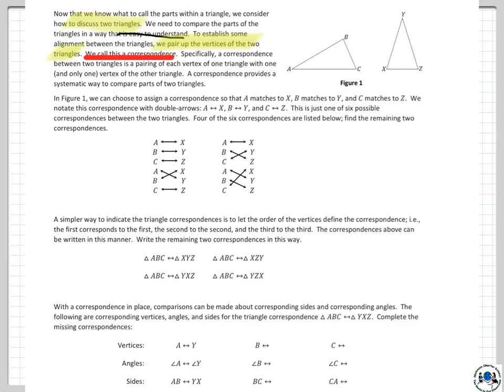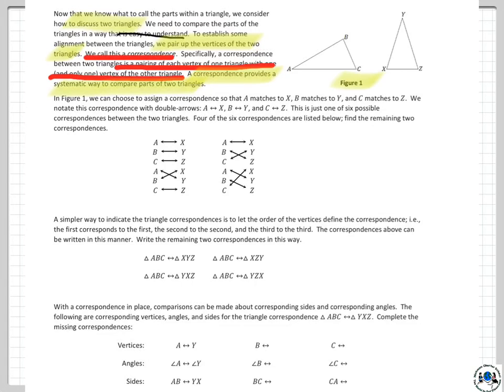So specifically, a correspondence between two triangles is a pairing of each vertex of one triangle with one and only one vertex of the other triangle. A correspondence provides a systematic way to compare parts of two triangles. Okay?